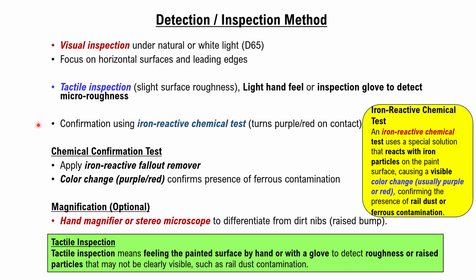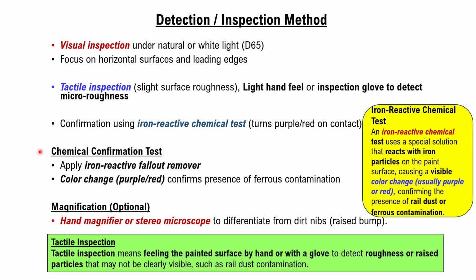Confirmation using iron reactive chemical test. The iron reactive chemical test uses a special solution that reacts with iron particles on the paint surface, causing a visible color change, usually purple or red, confirming the presence of rail dust or ferrous contamination.